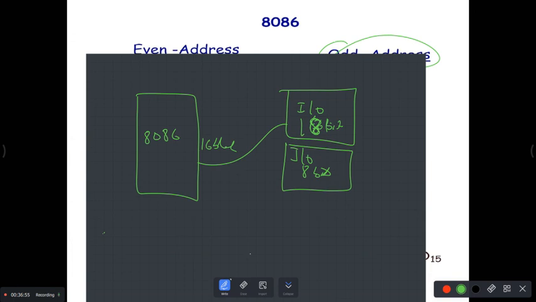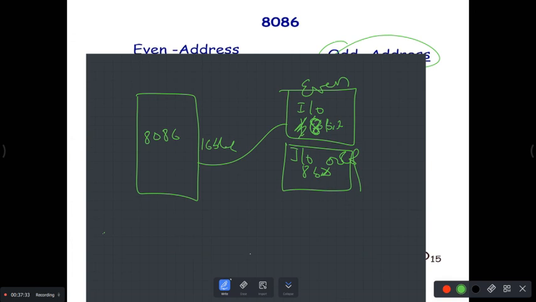Now suppose you have two IO devices. This is 8-bit, this is also 8-bit, and both devices can simultaneously put data into the microprocessor. How can it do that? You give an even address for this one and an odd address for this one. 8086 has the capability of reading 16-bit data.